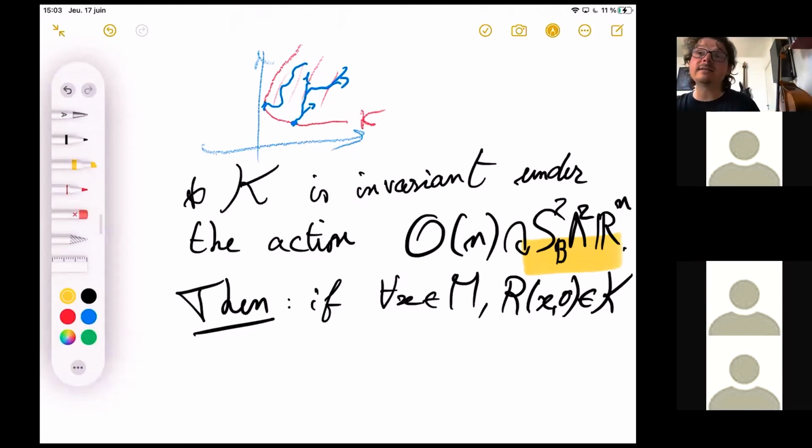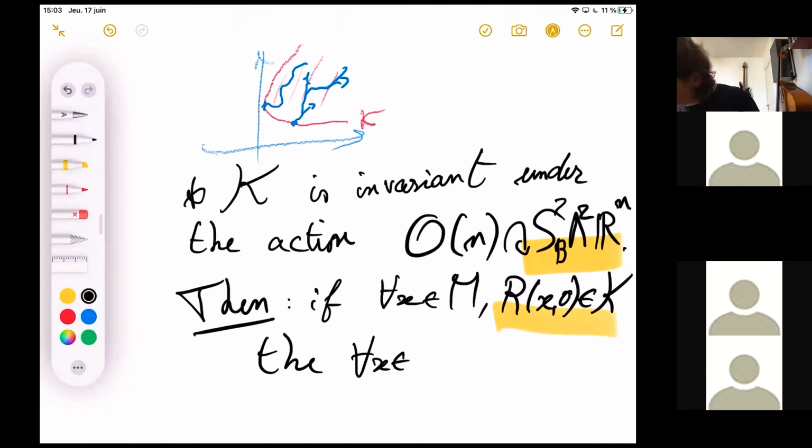And then the curvature operator of my manifold is a point inside that space. So that makes sense. This is okay. And so this is my maximum principle.